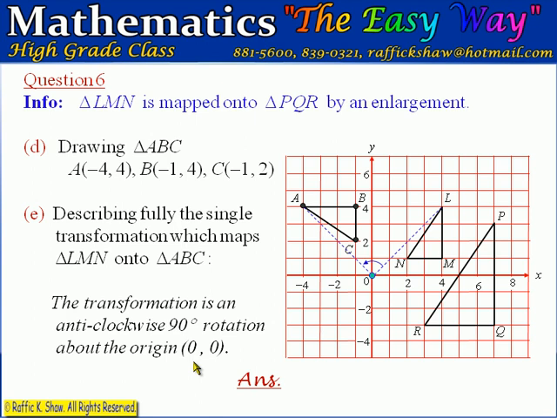The three components of rotation must be stated in the description, and the components are the direction, which in this case is anti-clockwise, the size of the angle of the rotation, that's 90 degrees, and the center of the rotation, which is the origin in this case. So that's it. That's the transformation that maps triangle LMN onto triangle ABC.